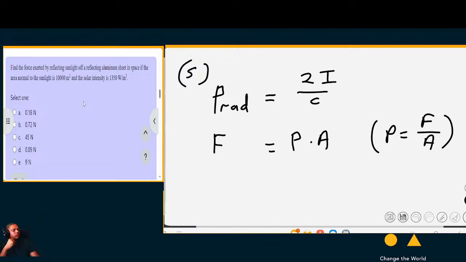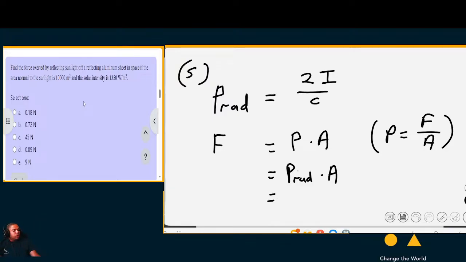So therefore, it makes sense that pressure times area should be force. So this radiation force that we want to calculate is equal to the radiation pressure multiplied by the area of this sheet.